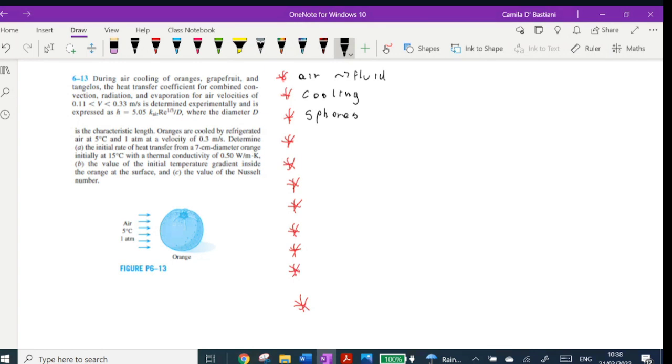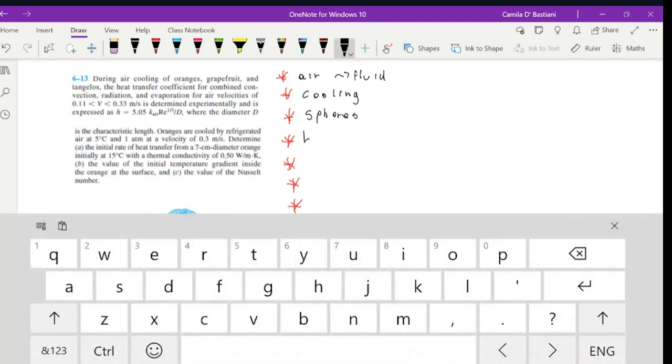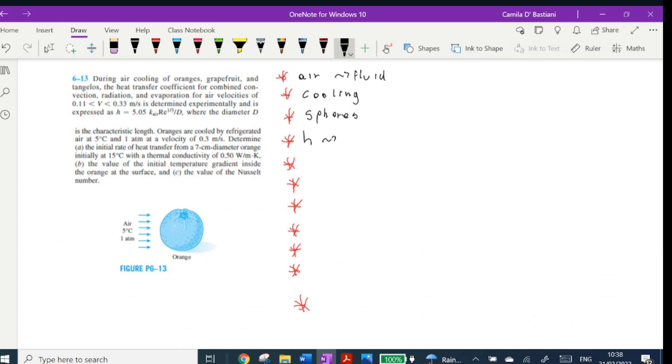The heat transfer coefficient for combined convection, radiation, and evaporation. So my heat transfer now is due to convection, and you're told that there is evaporation. So the heat transfer coefficient combines all those things.